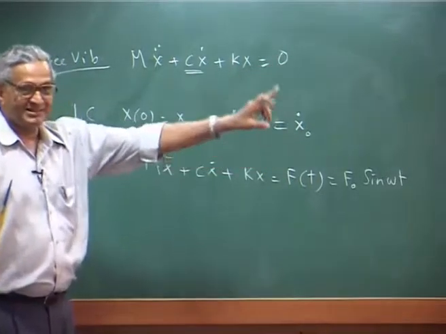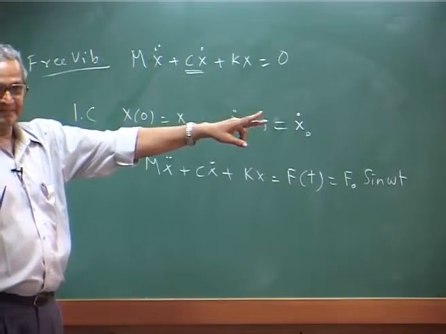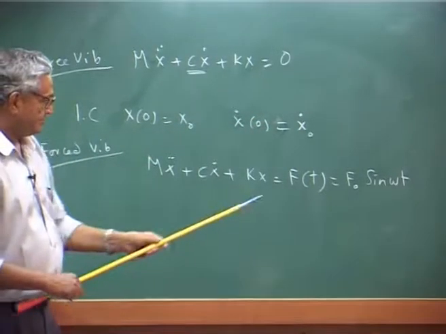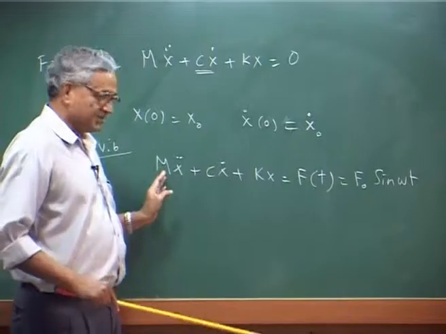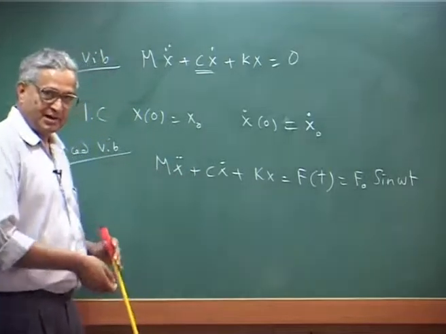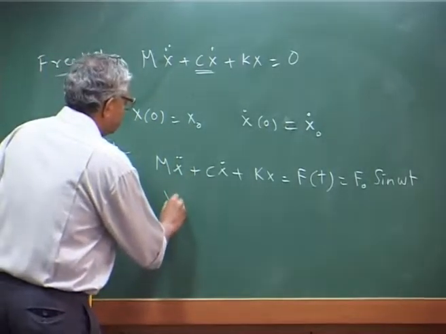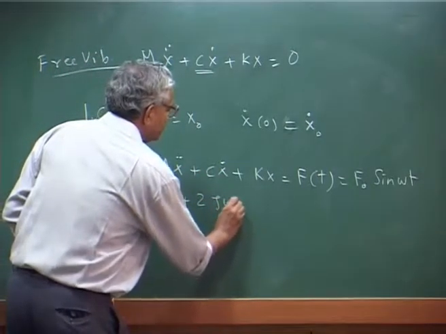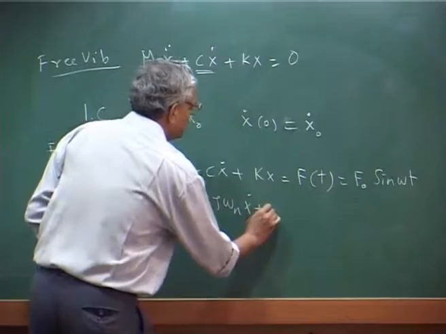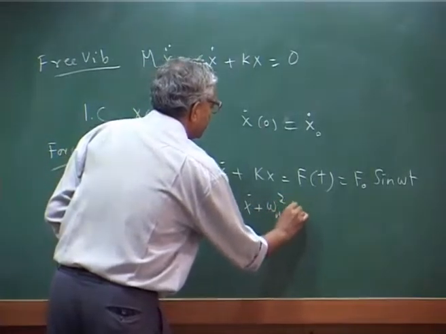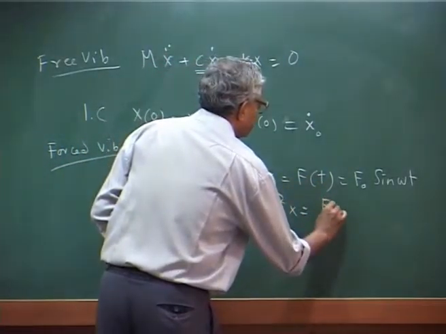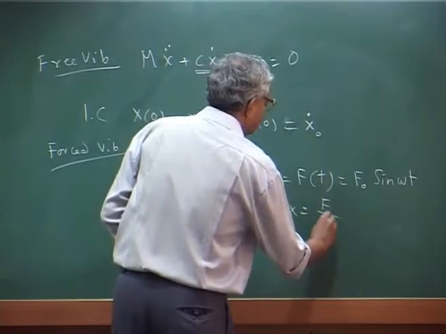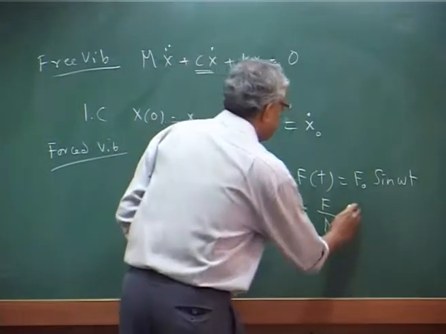Now, you convert this into non-dimensional form: x double dot plus c over m x dot plus omega n square x, and you divide f by m.